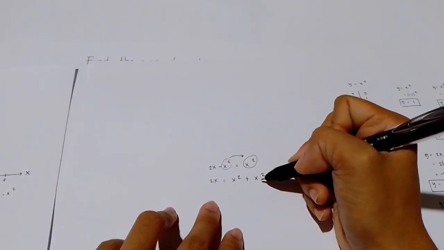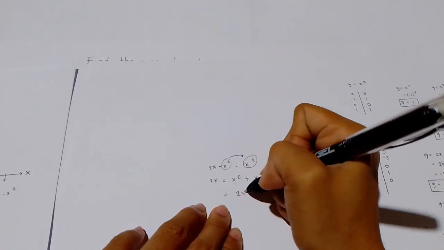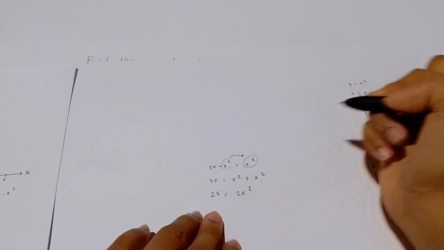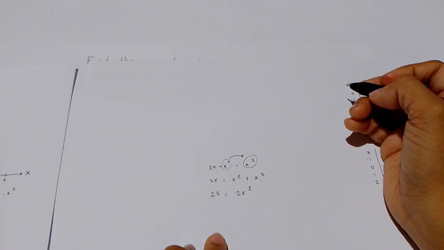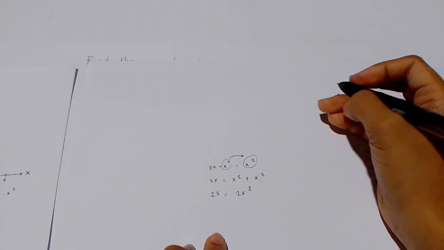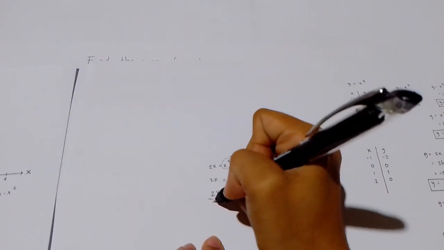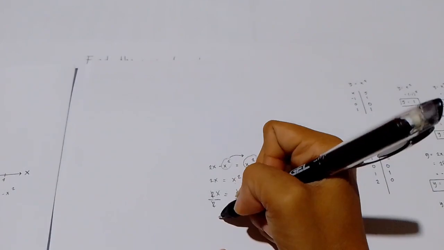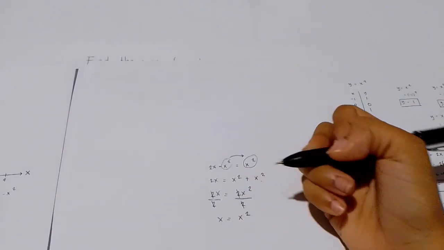Then x squared plus x squared is equal to 2x squared. Copy 2x. Then after that, divide both sides by 2. So cancel out. So we have now x is equal to x squared.